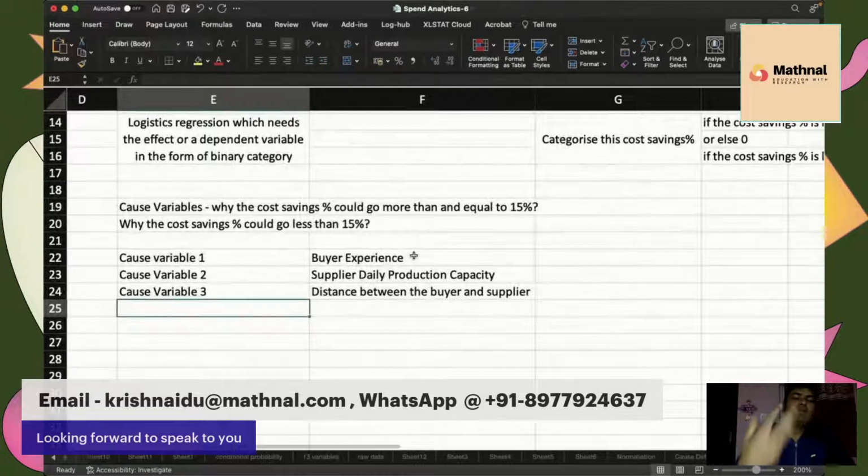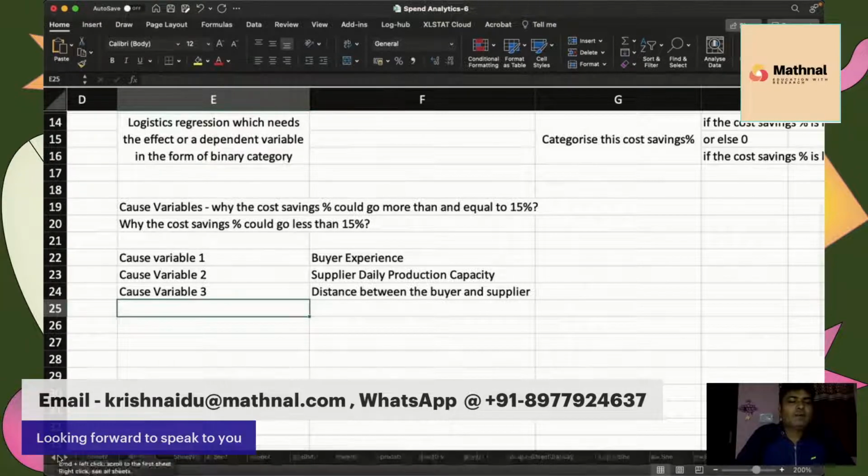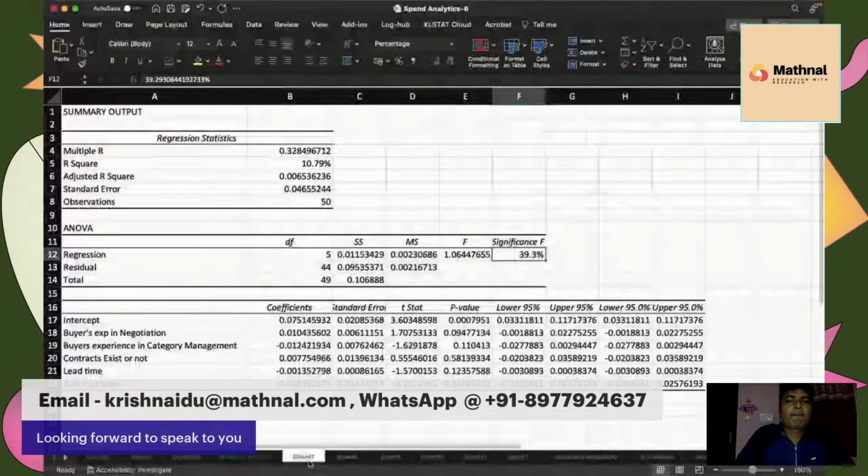Then we can build n number of cost variables. Let me show you one example which we have worked on over here. Look, we have n number of variables here: buyer experience, lead time, value of the contract, expiry of the contract in days, whether bulk purchase contracts exist or not, duration of the contract, sourcing error to RFQ, MOQ, lead deviations, expected margins, cycle count accuracy, failure rate, right?